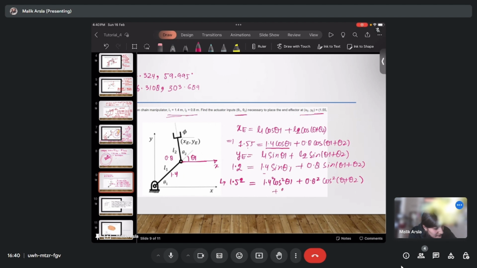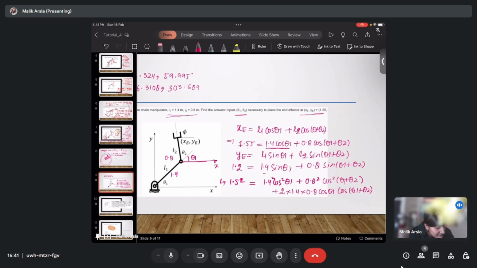Then twice AB. I expanded this, I squared both sides. So 2 into 1.4 into 0.8 cos theta 1 cos of theta 1 plus theta 2, right?